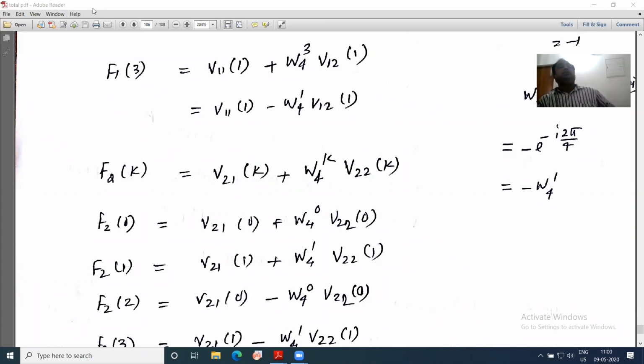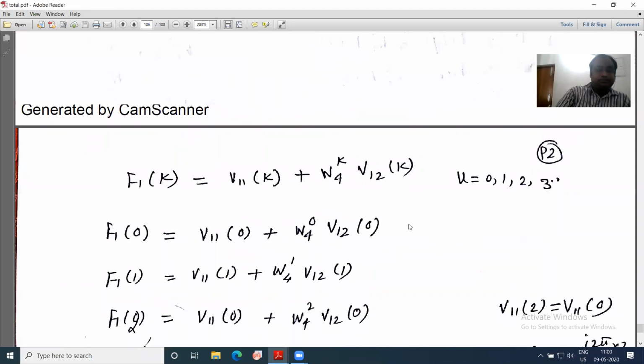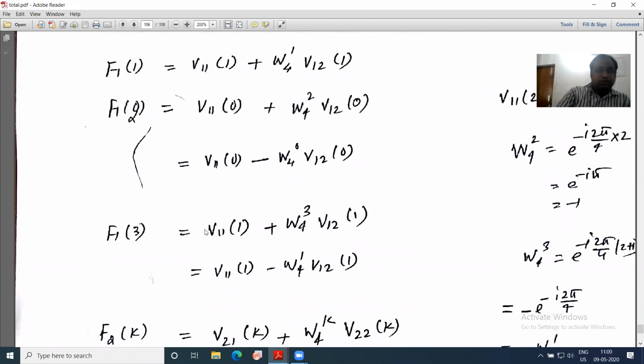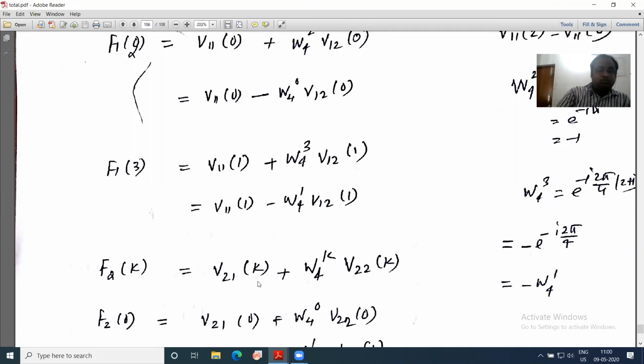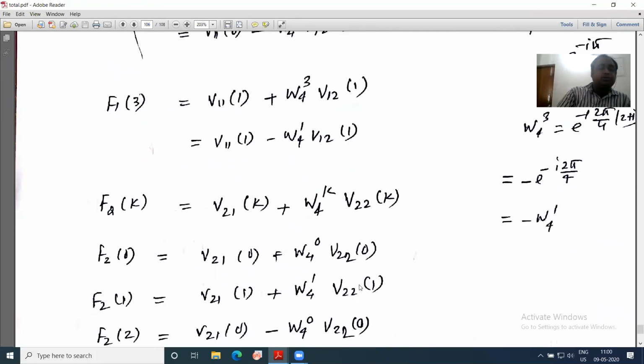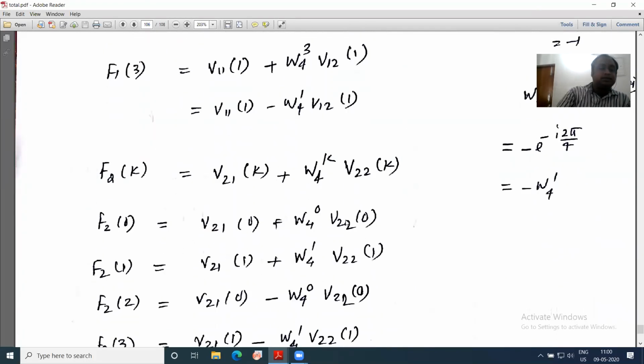Almost similar lines. You have to write only that where it was v11 and v12, here it is v21 and v22. The rest of the computation is of similar lines.